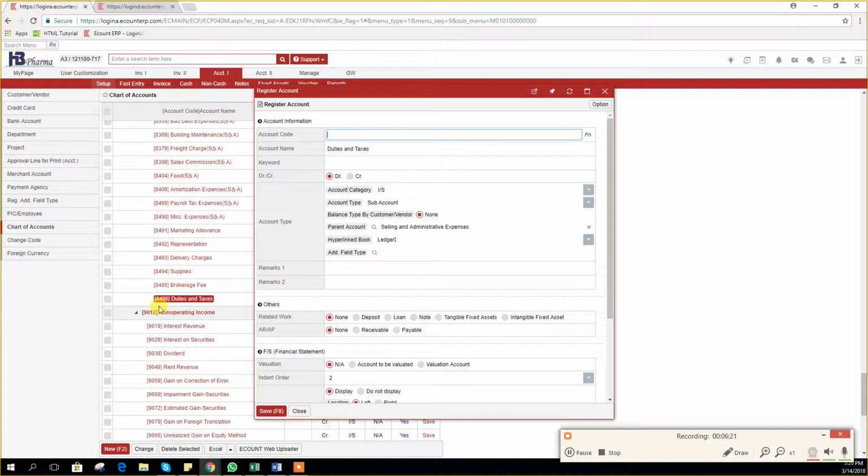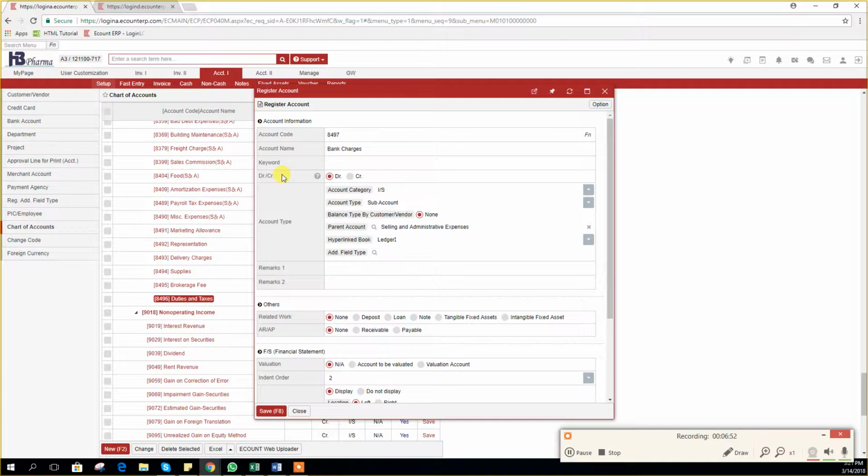I can just follow through from here, 8497, and then I create a bank charges account. Alright, so now this bank charges account is an expense account. So does an expense account need to have a debit balance or a credit balance?